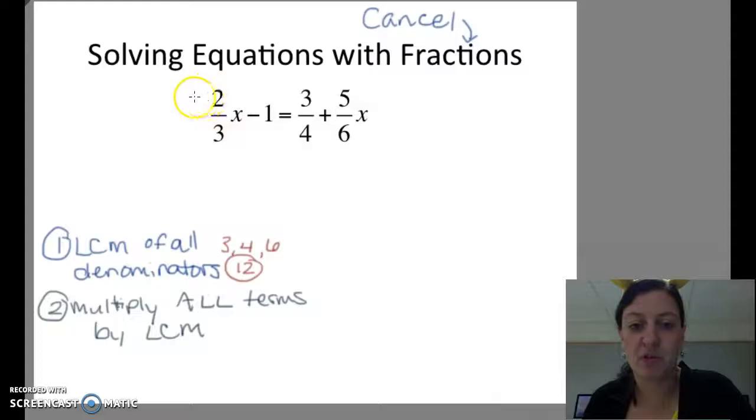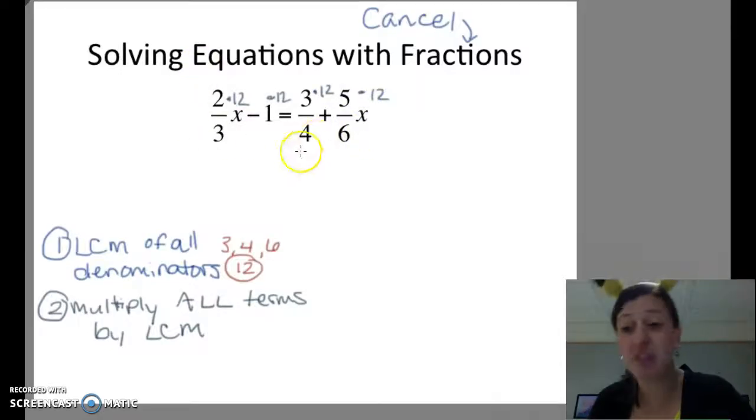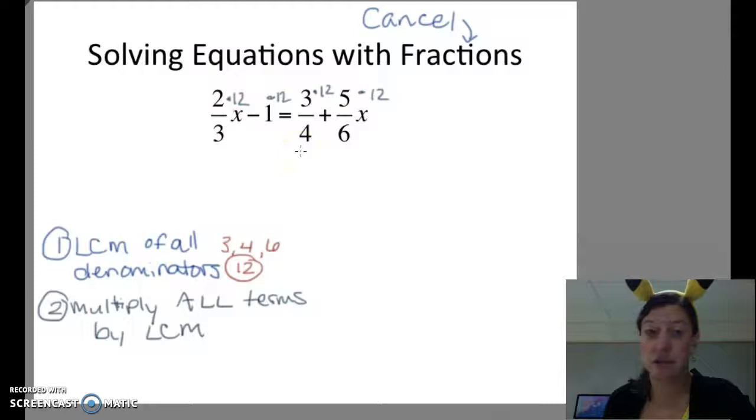So I'm going to multiply everything times 12. Now I could have put it in parentheses and done 12 times on the outside, but it's really hard sometimes when you're doing multiple step problems like this to remember to distribute.